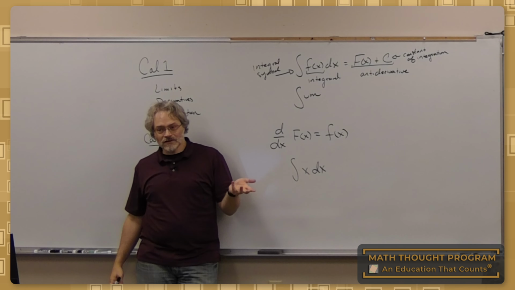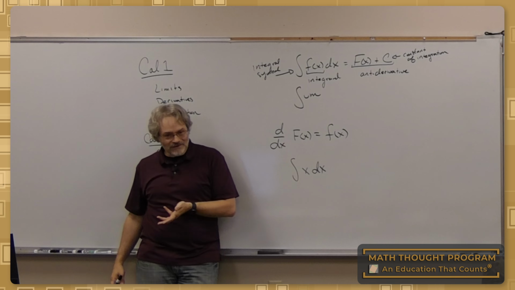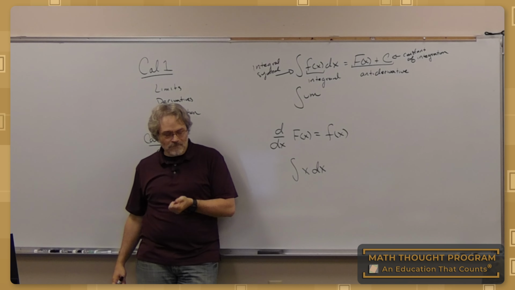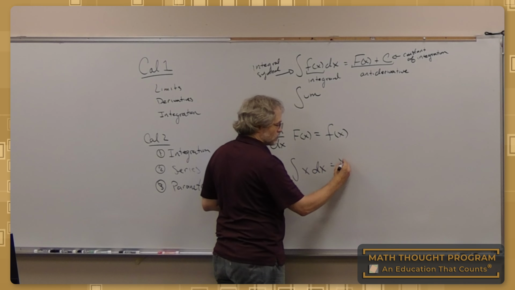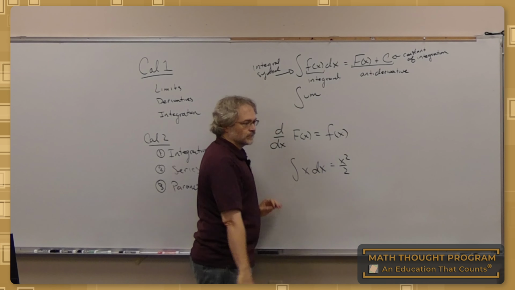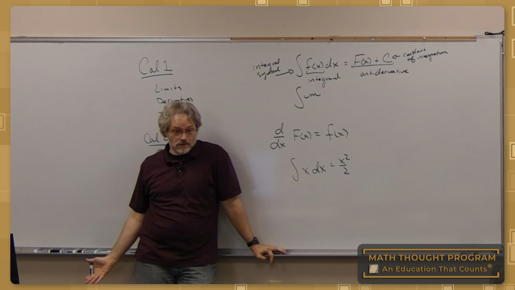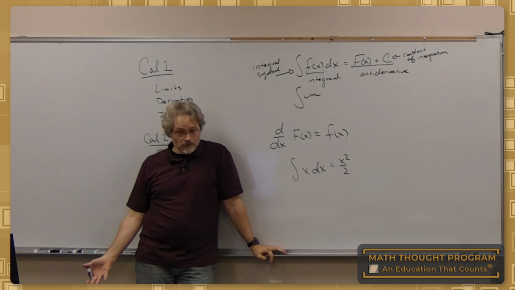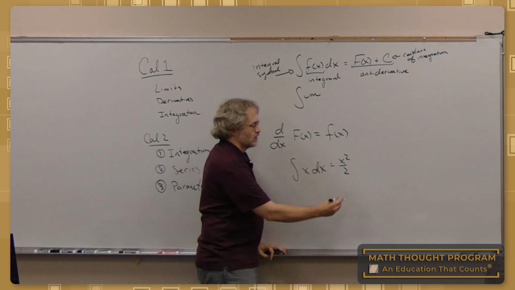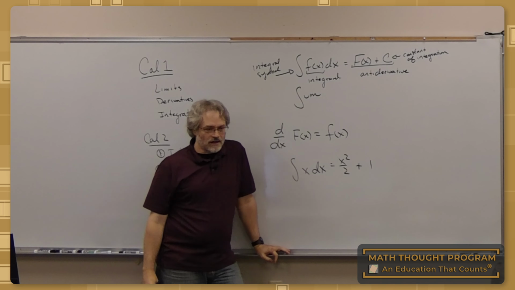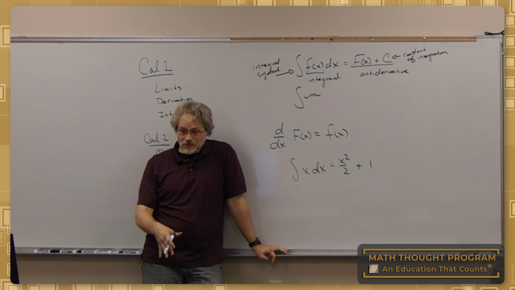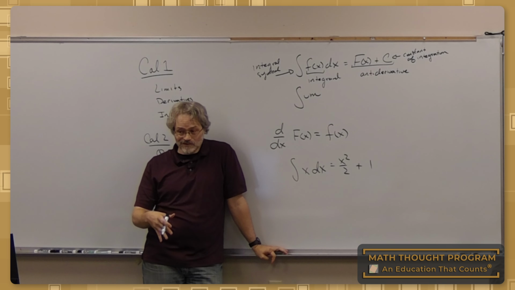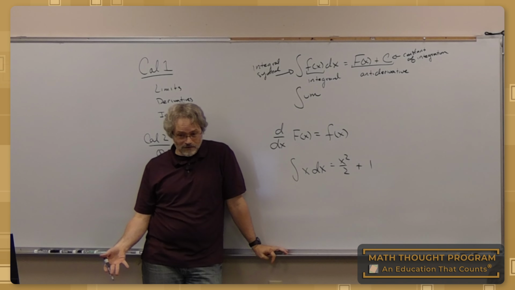Well, actually, there's a lot of functions I could be thinking about. One function I can possibly be thinking about is x squared over 2. That would work, but it's not the only one. I can also say plus 1. Because what happens when you take the derivative of x squared over 2 plus 1?